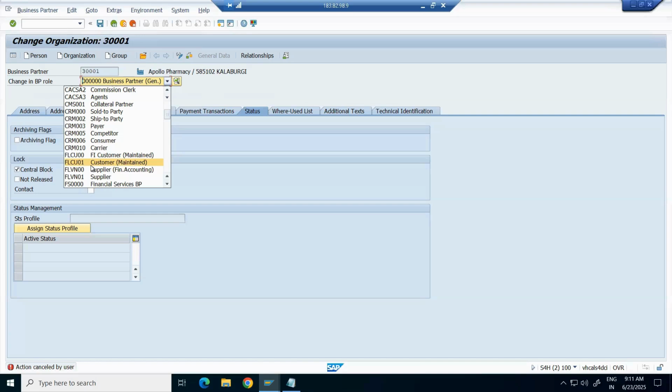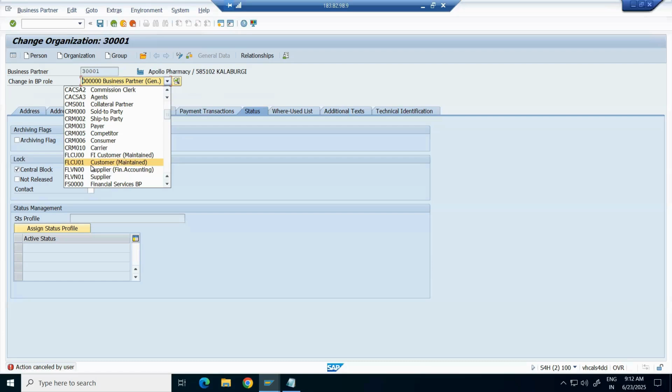But in that case, that customer has not done any kind of business transaction or physical transactions with us, right? But still we are paying some amount to that customer. So in that case, you can consider that customer, or you can create that customer under this FLCU00. Okay. Now hopefully you are clear, but if you still have some doubt, then when we create the customer and do the transactions, that time you will understand this properly.